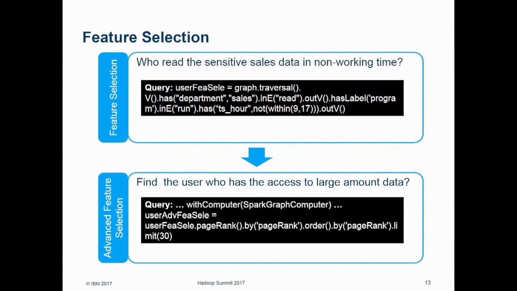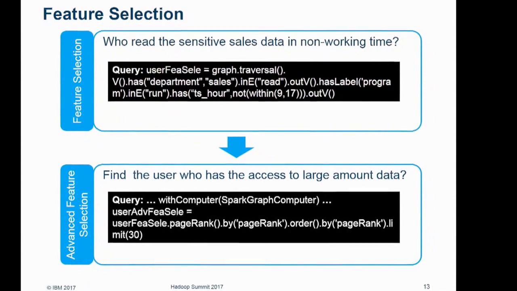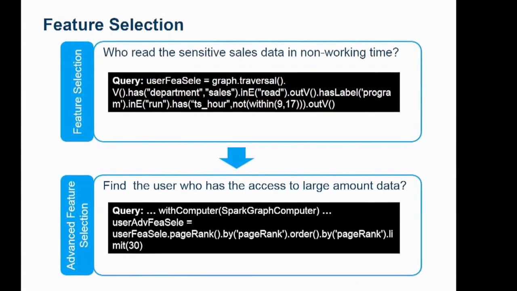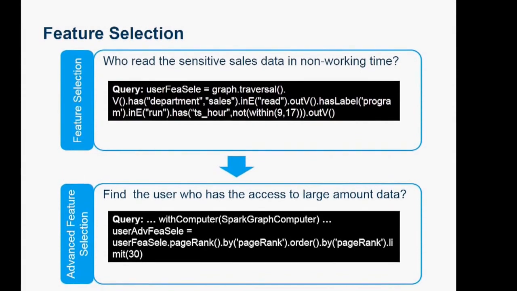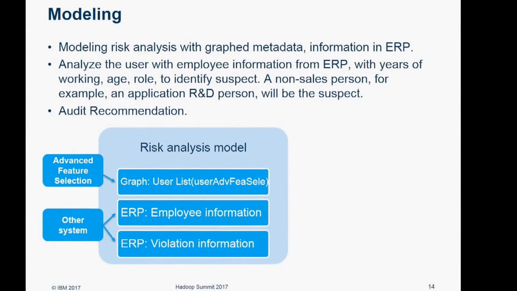We can involve some Spark computing here to run an algorithm, for example, PageRank, to find the users who had access to a large amount of data, which means that the user has more privilege in this environment. They can do many things they want, so they are more suspicious in this case.